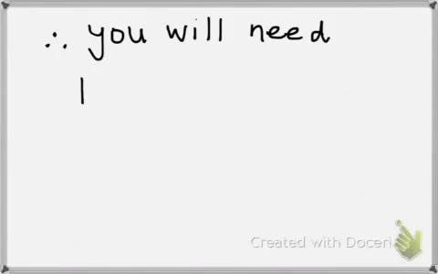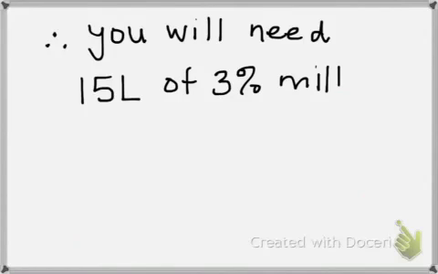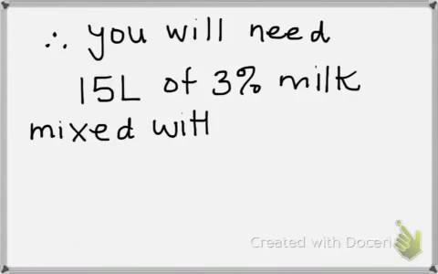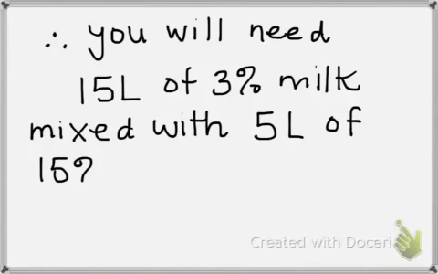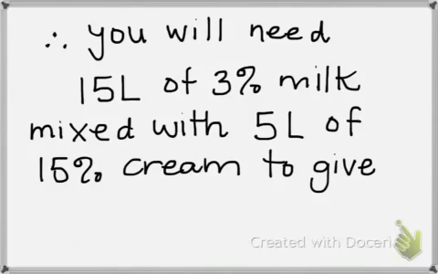We needed 15 liters of 3% milk, mixed with, and what did our c equal? 5 liters of 15% cream to give 20 liters, what the question was asking, 20 liters of 6% cream.